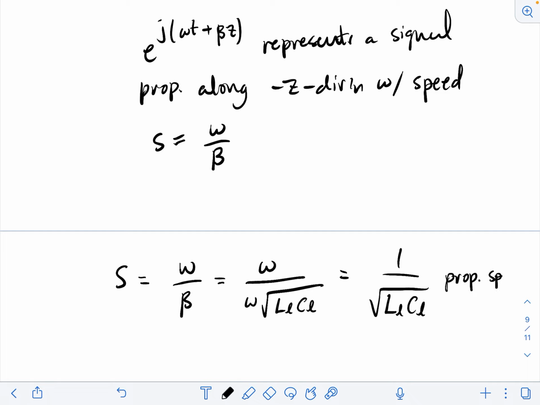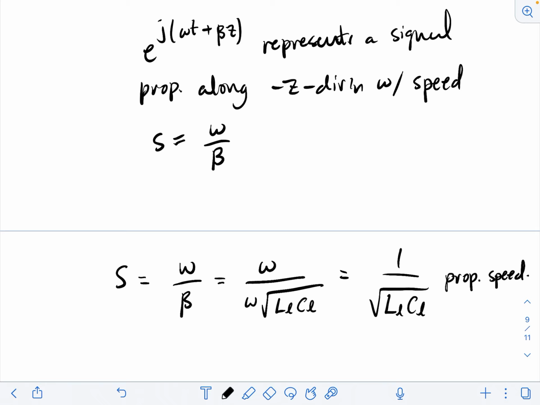So this is our propagation speed. Okay, so that's interesting because if we think back to the very beginning of the video, we were thinking about the geometry of a pair of parallel wires. The wires had radius a and they were separated by distance d. And we wrote down some expressions for these parameters, the inductance per unit length and the capacitance per unit length. And what we found is that they were determined just by these geometrical factors.